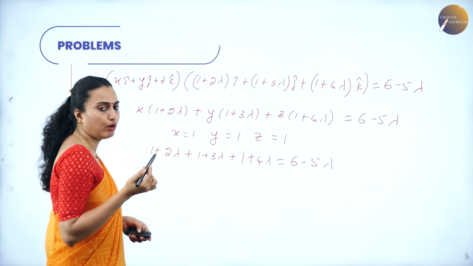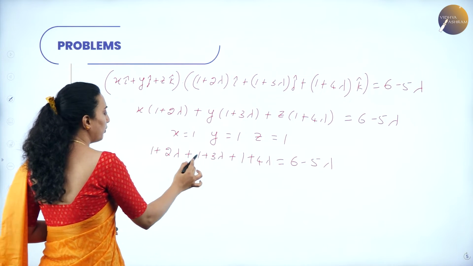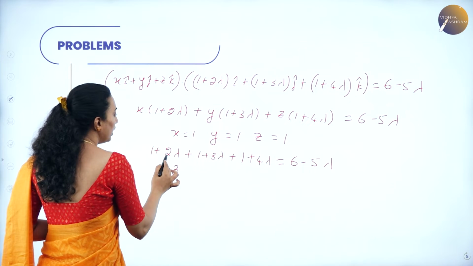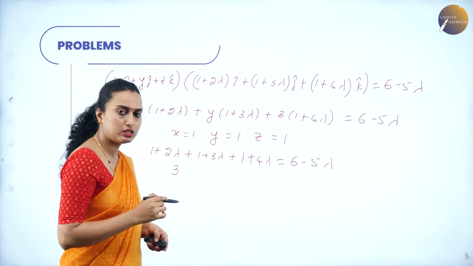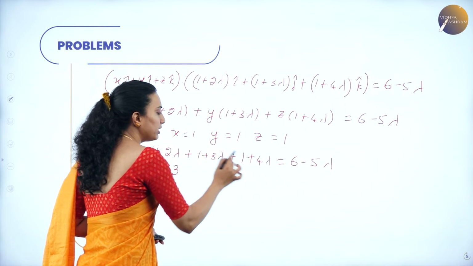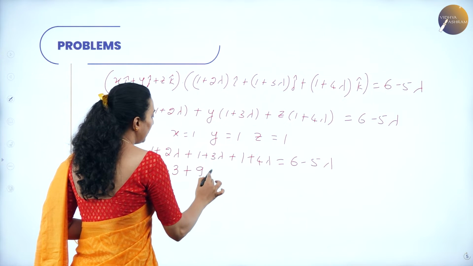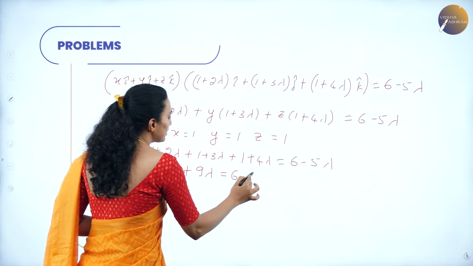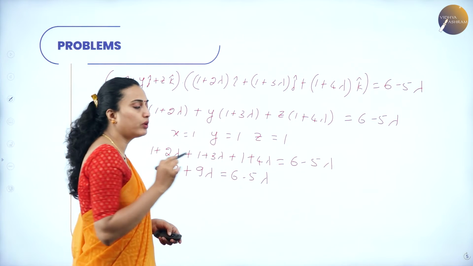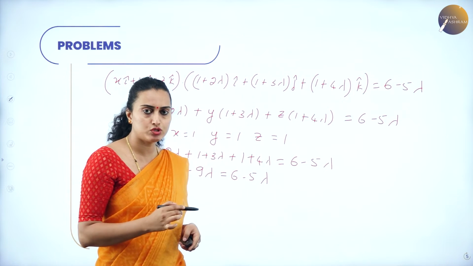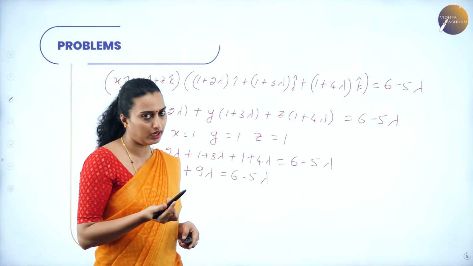You can add all the constants, 1 plus 1 plus 1, which gives you 3. 2 lambda plus 3 lambda is 5 lambda. 5 lambda plus 4 lambda is nothing but 9 lambda. So plus 9 lambda is equal to 6 minus 5 lambda. You can collect all the lambda terms to one side and the constants to the other side.